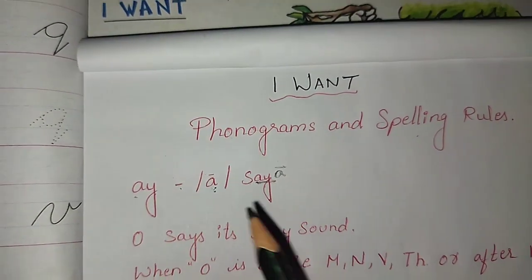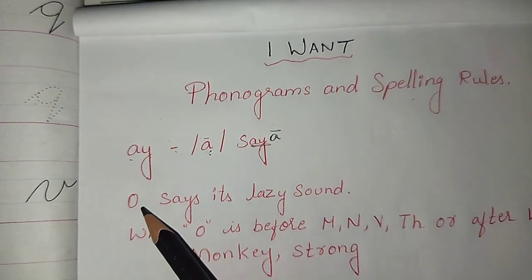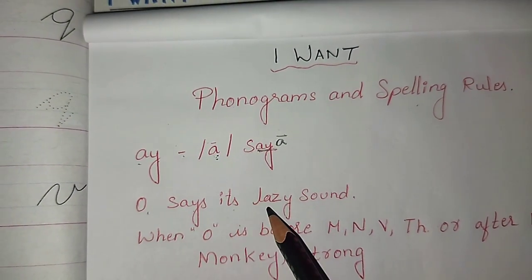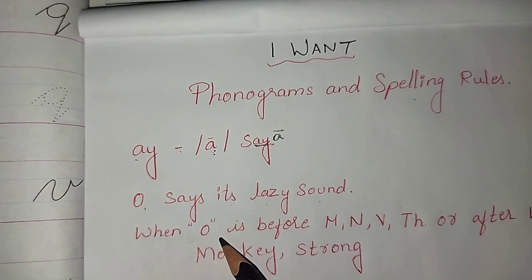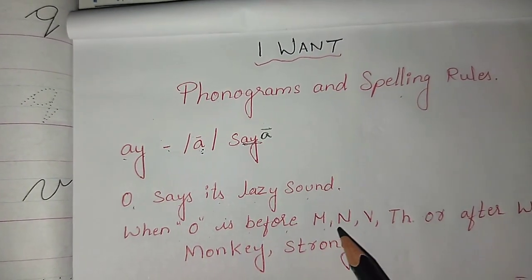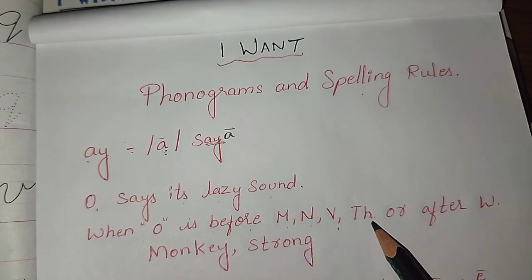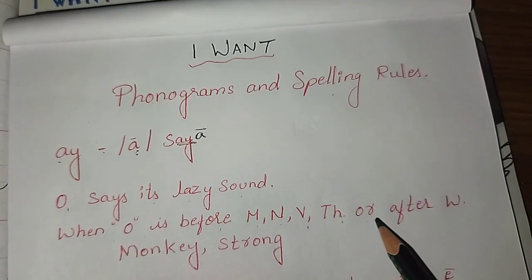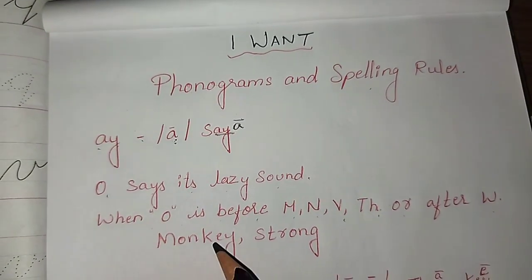Another rule: the letter O says its lazy sound when O is before M, V, TH, or after W. For example, monkey.